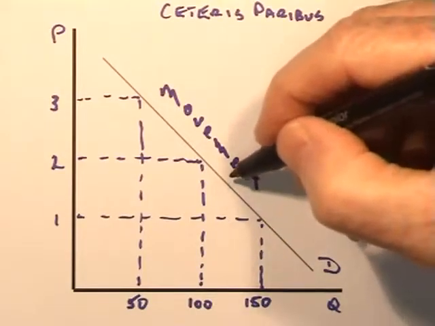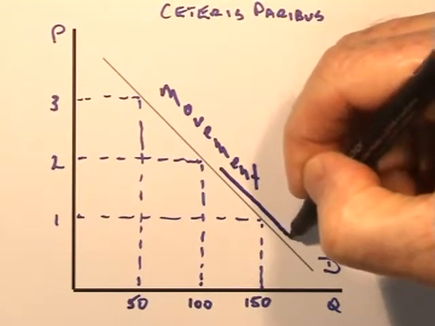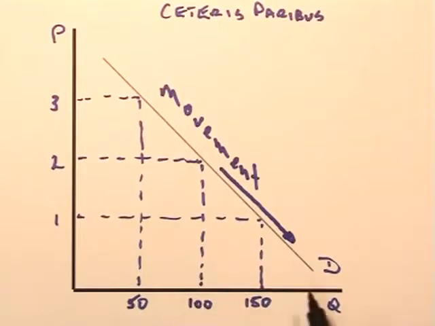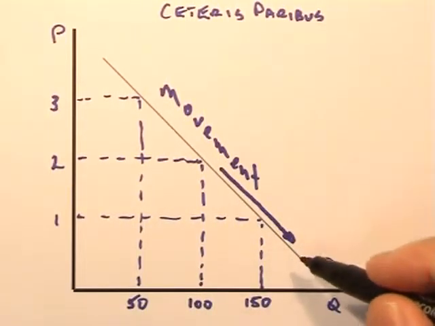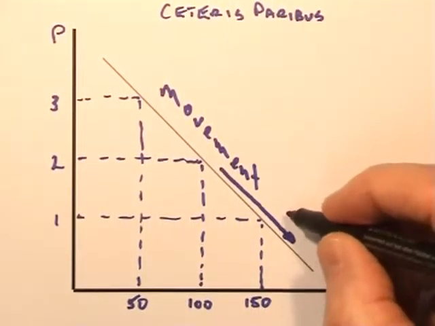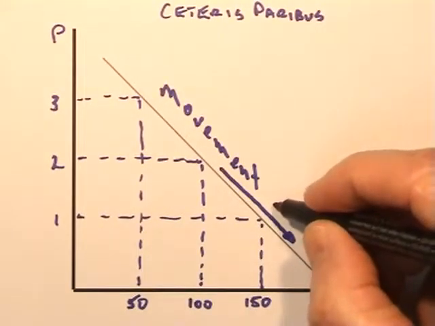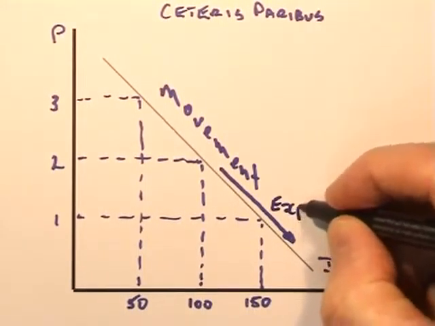And this movement can be in two forms. It can either be in an increasing direction, so it's moving down the curve, in which case we know that to be an expansion of demand.